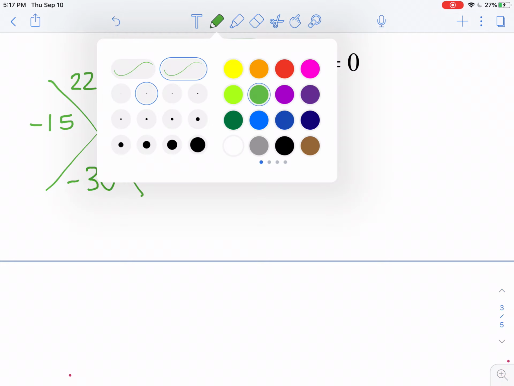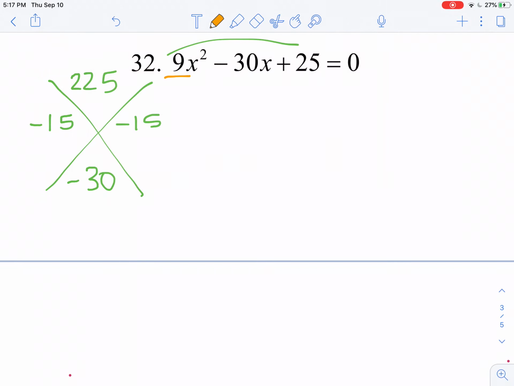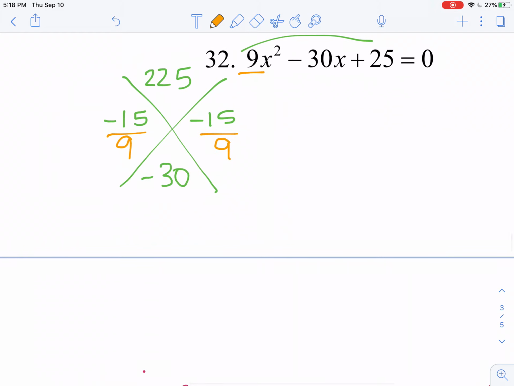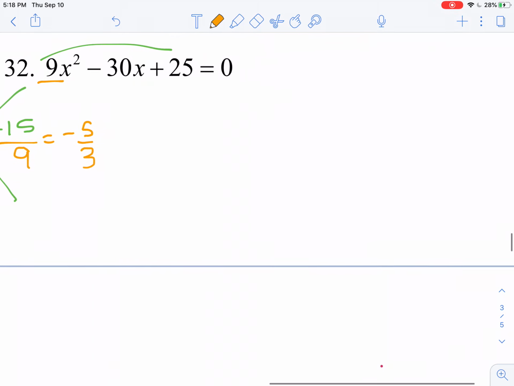All right. Now remember that extra step because we multiplied by a on top. We divide by a on the sides. And I want to reduce it if I can. So negative 15 over 9, while it doesn't divide evenly, will reduce to negative 5 over 3. And the same on this side. So in our factors, we get x minus 5/3 times x minus 5/3 equals 0.